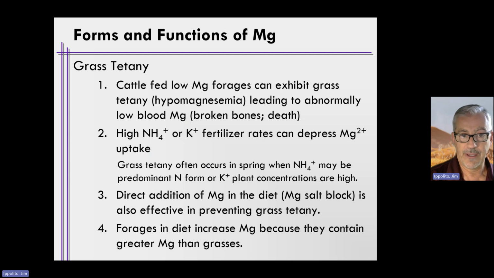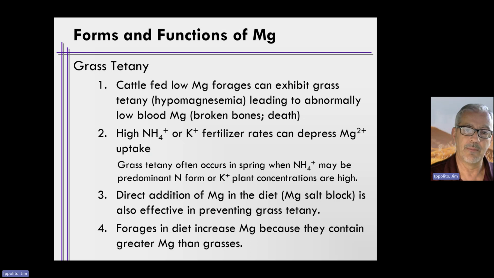Another point with respect to grass tetany is that high concentrations of ammonium or potassium fertilizer rates can certainly depress magnesium uptake. The concept here is relatively simple, and you all now know it because you are taking soil fertility and you understand cation exchange capacity.